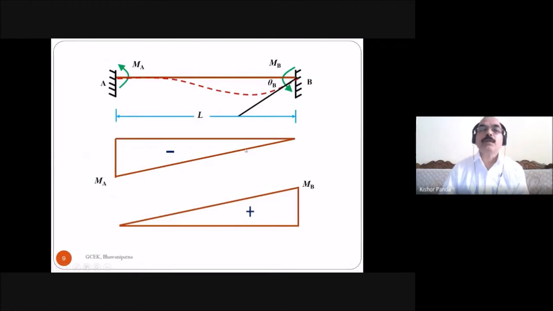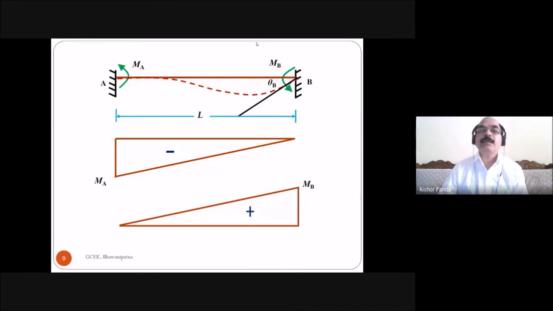Then here you see, this tangent is passing through the original axis and through the point B, and this is another tangent, which is also passing through the point B. So what is the intercept between these two tangents? It is 0. You know from the moment area theorem, the moment of area of the M by I diagram between A and B is equal to the intercept between the two tangents.